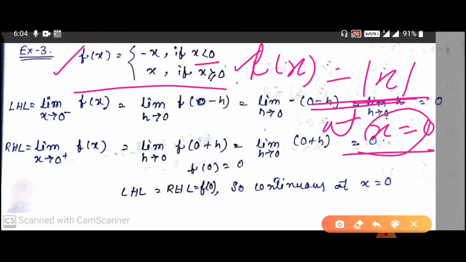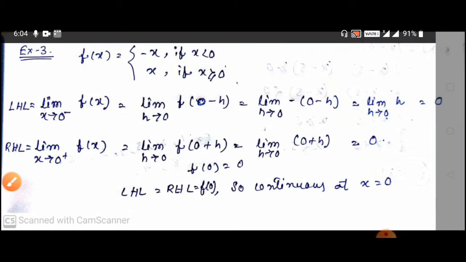So here also the particular point is given, and the difference of this question with the previous questions is that here conditions are given, and the conditions are: x is less than 0 and x is greater than or equal to 0. These two are conditions. That means we have to solve this question in a different way.